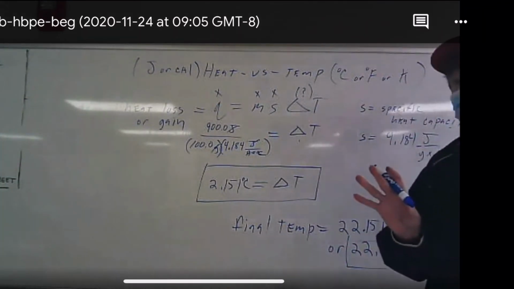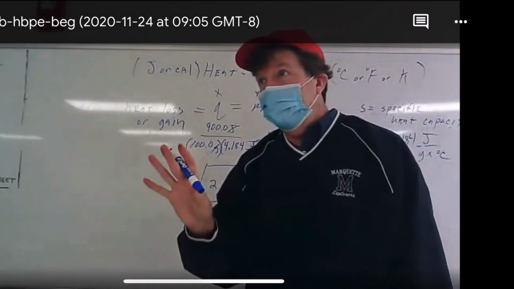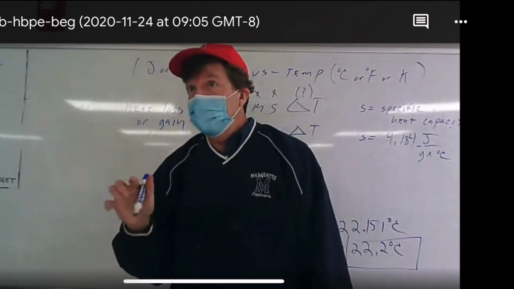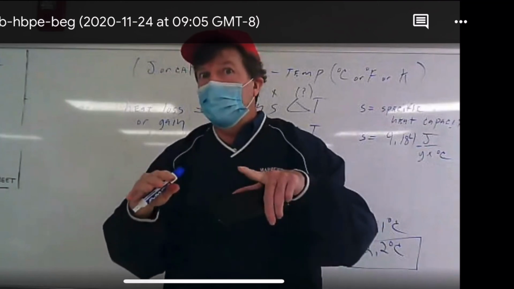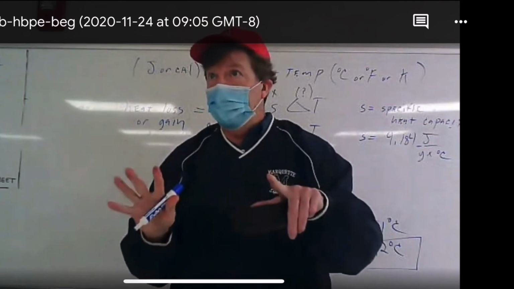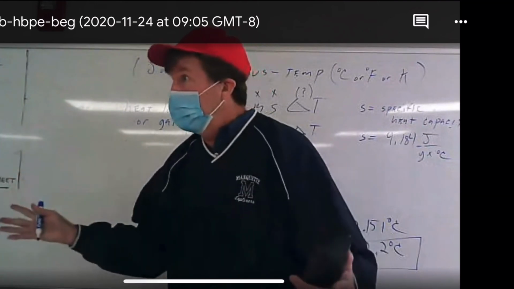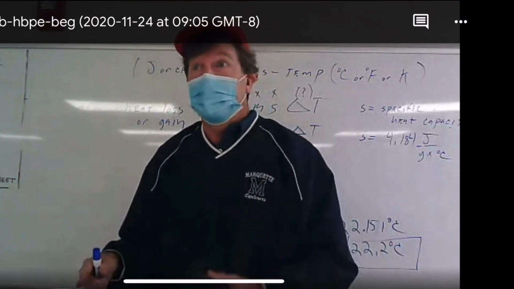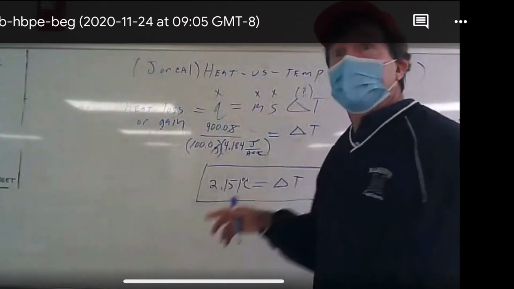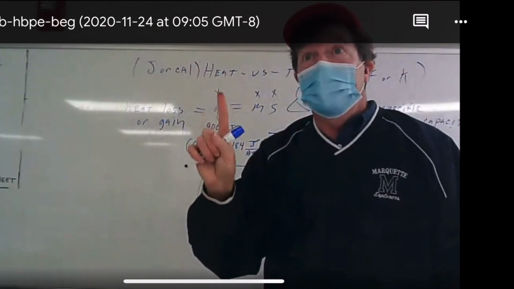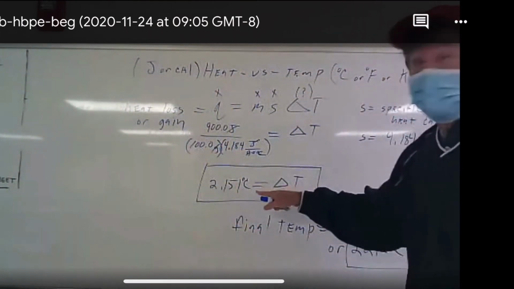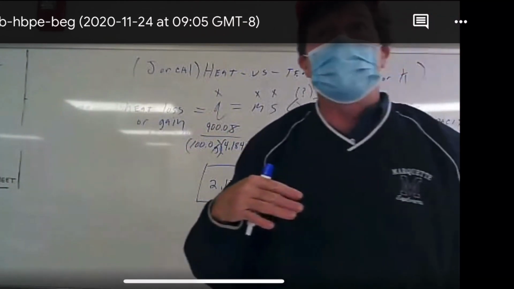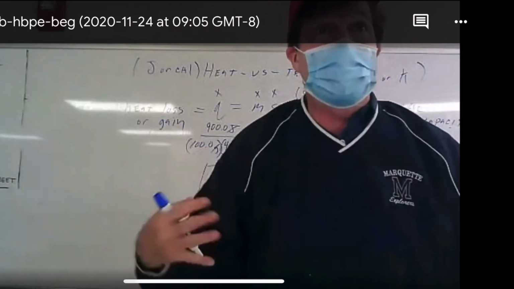Now, what I suggest you do here, if you know what's going on, you know that the starting temperature is 20.0 degrees, right? You know heat's being absorbed, right? The temperature has to go up. So figure out the change in T, and simply add that to the original temperature, because you know the final temperature is going to be higher than the original because you're gaining energy.